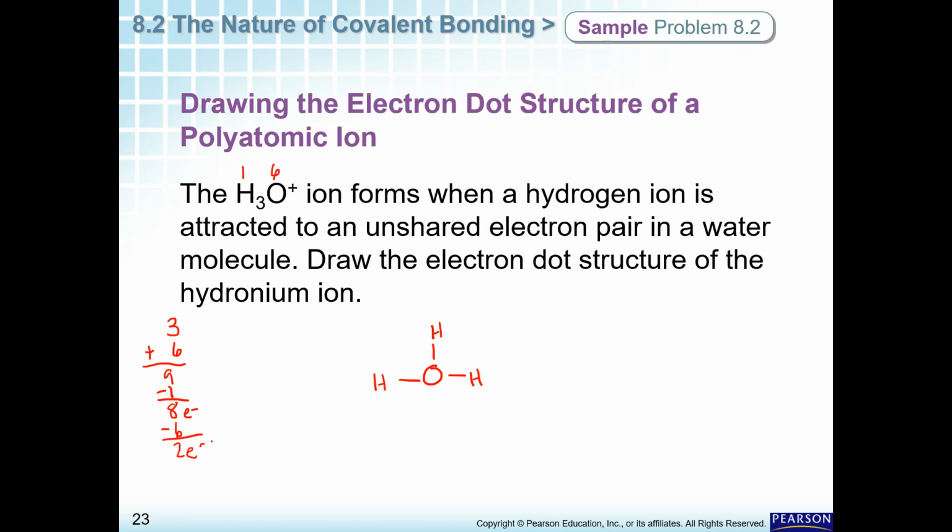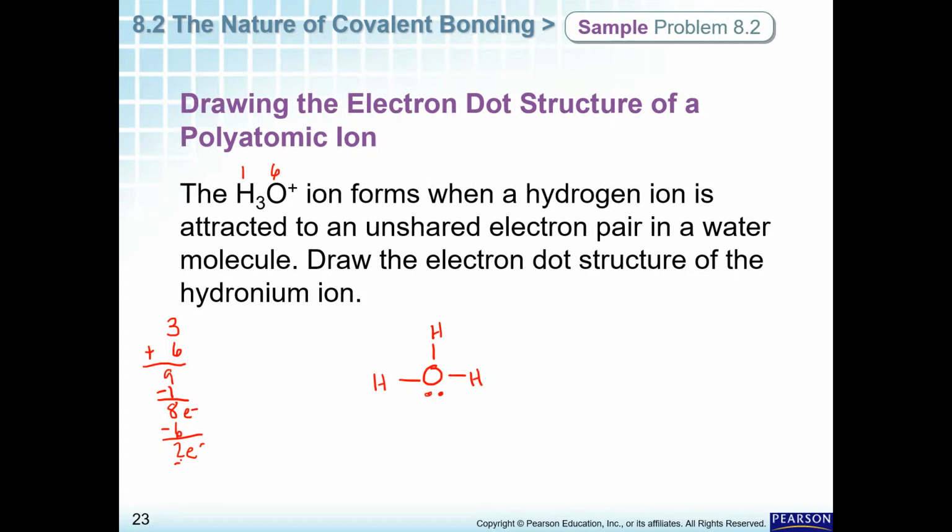Based on our rules, it says make the outside atoms happy first, but if I look at my outside atoms, they're all hydrogen, and hydrogen is okay with 2 electrons. It already has those 2 electrons from the bond that is being made. So if we've already made all the outside atoms happy and I have some left over, we put them on the central atom, which is right here on oxygen.